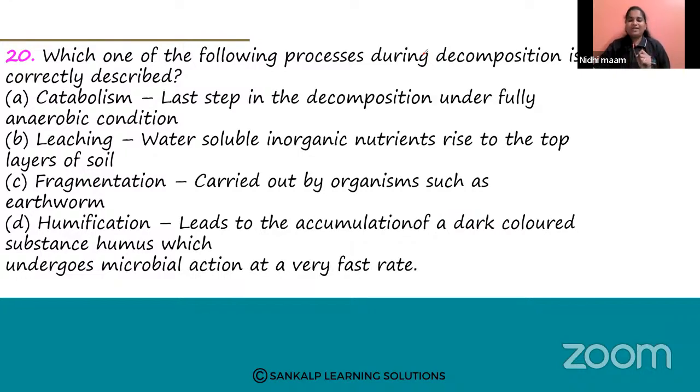C. Fragmentation, carried out by organisms such as earthworm. D. Humification, leads to accumulation of a dark colored substance, humus, which undergoes microbial action at a very fast rate. Which of the following processes during decomposition is correctly described, it asks.